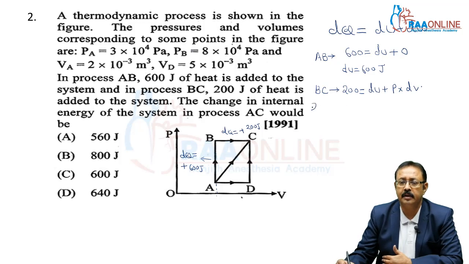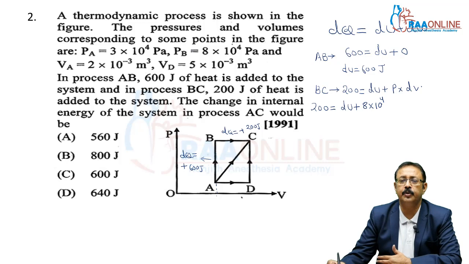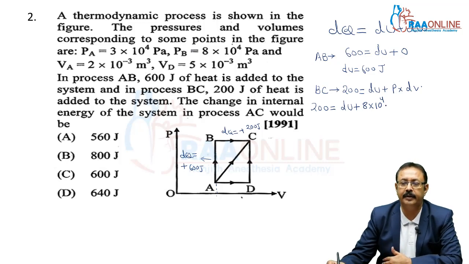So 200 is equal to du plus, what is pressure? Between B and C, pressure is the same, and it is given in SI unit, 8 into 10 to the power 4 Pascal. Pascal means Newton per meter square, SI unit.